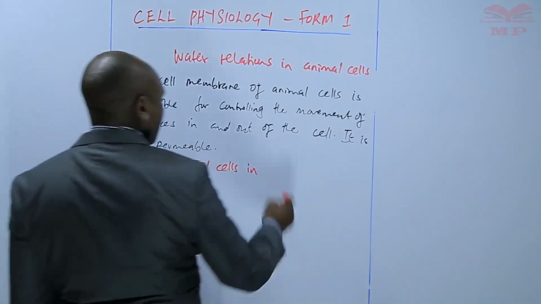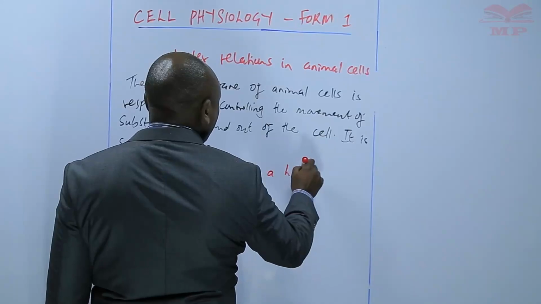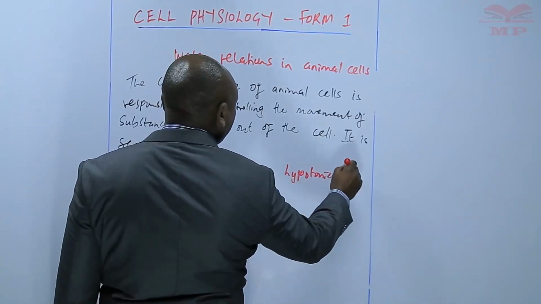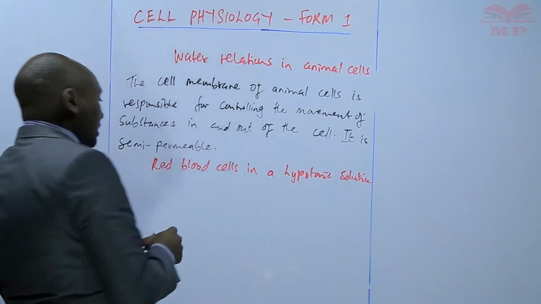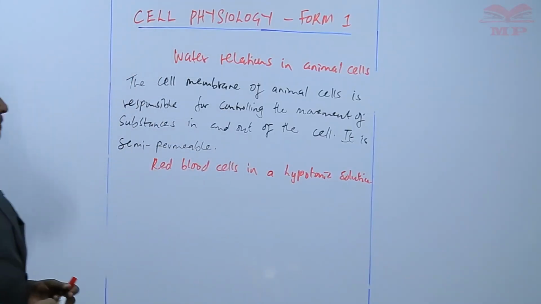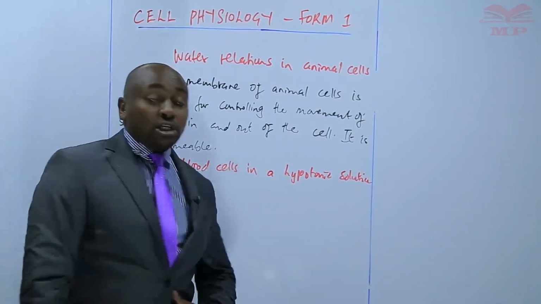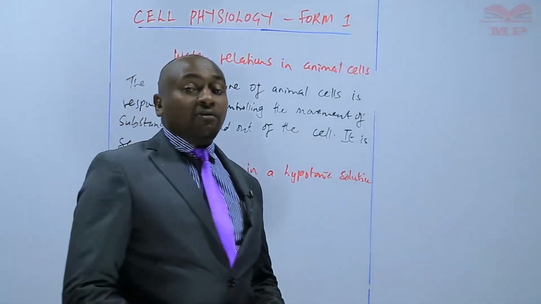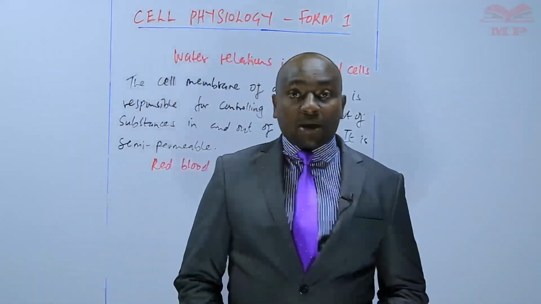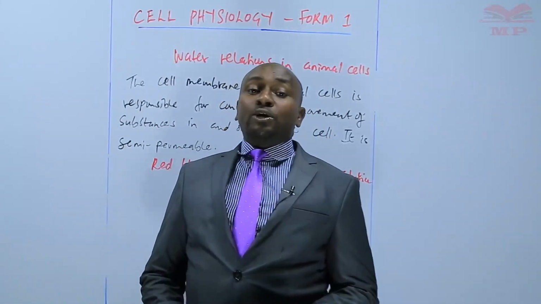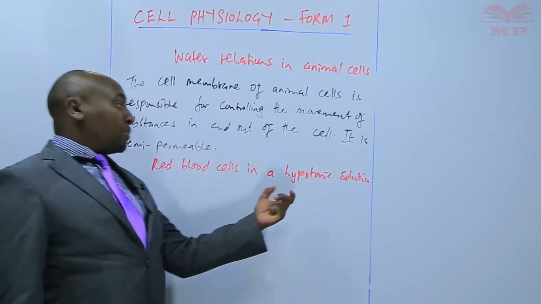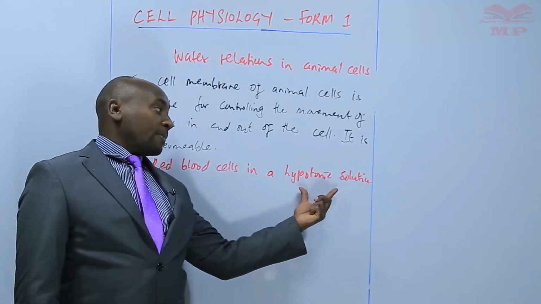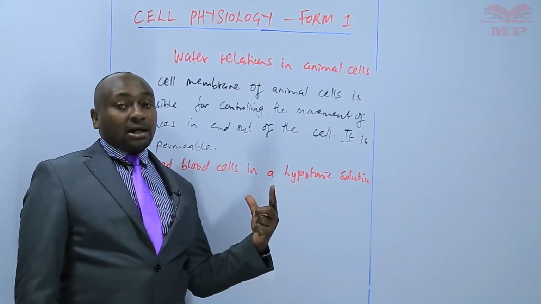Red blood cells in a hypotonic solution. When the red blood cells are put in a hypotonic solution, they will definitely gain water. And they gain water by osmosis. Just like any other cell put in a hypotonic solution, it gains water.